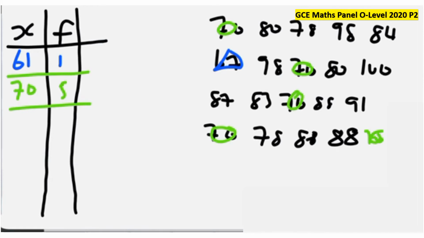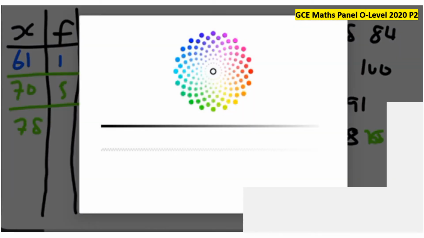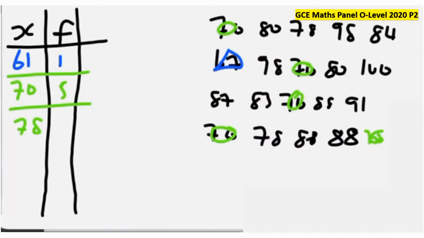The next one is 78. I can use a different way to represent it. The first one I used a triangle, the second a circle, and now I can use an X for 78. 78 occurs just twice, and we will do like that for all the scores.